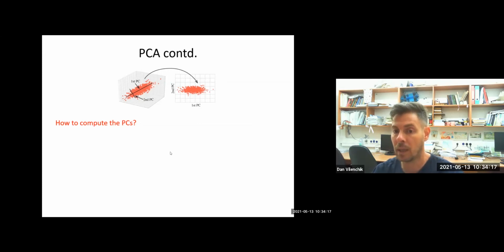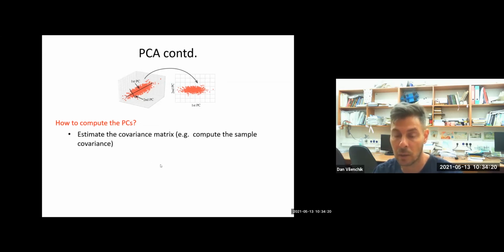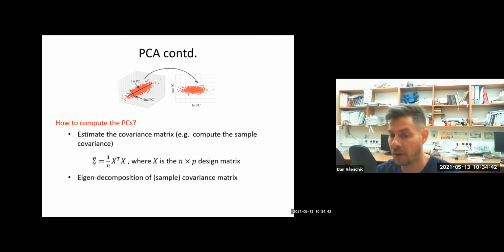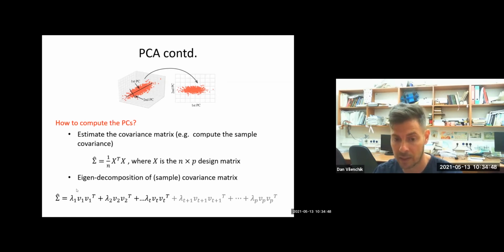So how do we compute the PCs? How do we find those directions? Luckily, there's a closed form, and it's very easy to compute them, at least the recipe. You estimate the covariance matrix. X would be the table that I showed in the last slide, and that's the formula for the covariance matrix if X is centered, and let's assume that. So sigma hat is the p by p covariance matrix, and then you just compute the eigendecomposition of sigma hat. You write it as a sum of rank 1 matrices, where v1 is the leading eigenvector of sigma hat, and v2 is the second eigenvector, and those turn out to be the PCs.